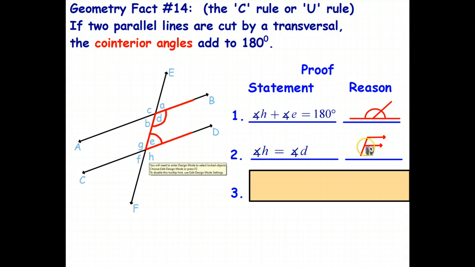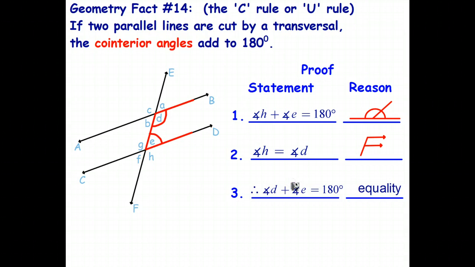Angle H equals angle D because they're corresponding. Now finally, if that's true, and that's true, we can replace the angle H up there with an angle D, and we get angle D plus angle E equals 180. So these are called cointerior angles, and together they add to 180 degrees.